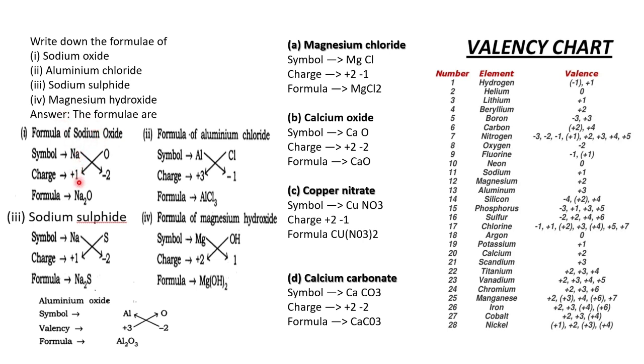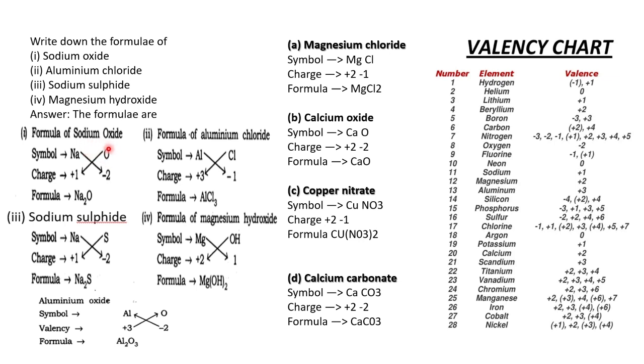I am writing 1 below sodium, and oxygen is represented by O. Its valency number is 2, and we use cross multiplication. That gives the formula of sodium oxide, Na2O1. Instead of writing 1, we leave it out, so Na2O is the formula of sodium oxide.